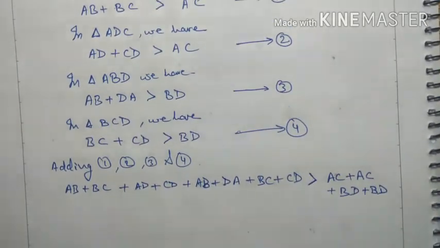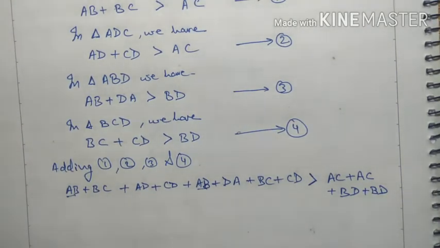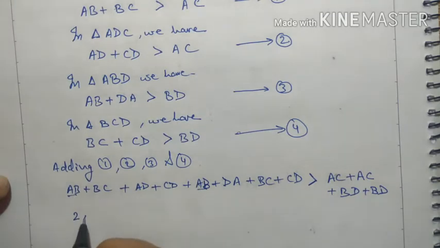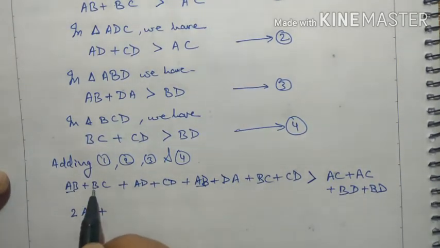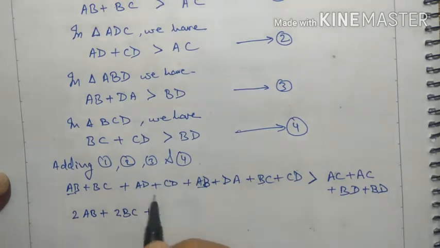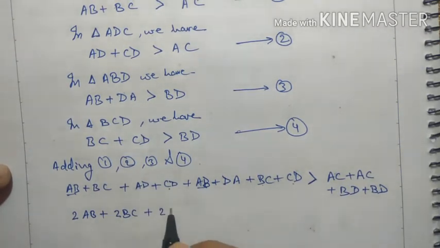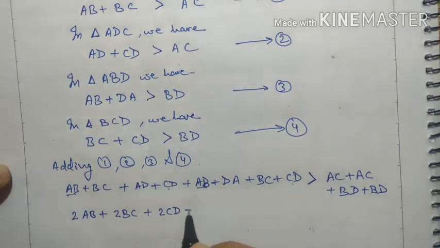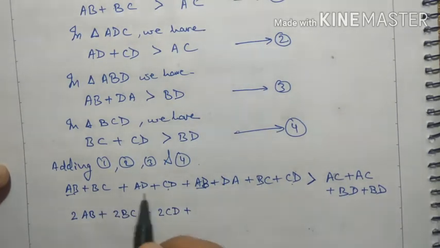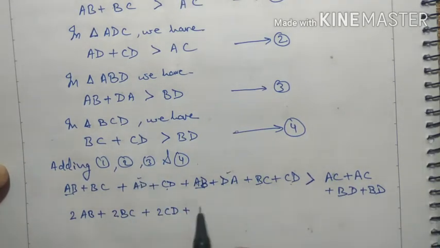Now to check, AB plus AB, so 2 times AB are there, so twice of AB, plus BC and BC, 2 times BC, plus CD and CD, 2 times CD also there, twice of CD, and plus DA and DA both are the same, so 2 times DA or AD.